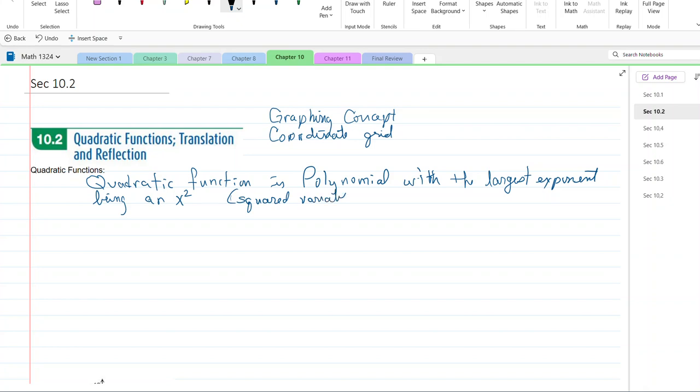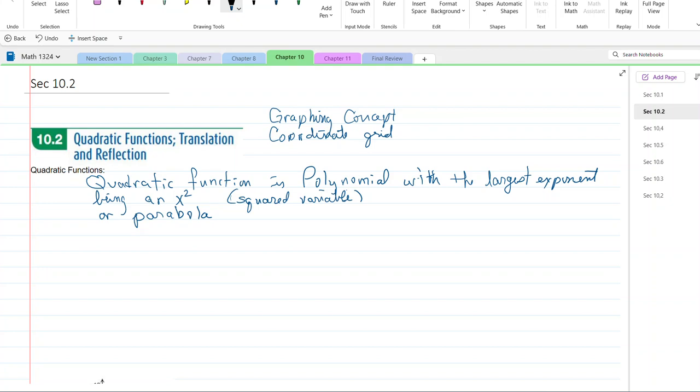So, what does it look like, right? Well, it's called either a quadratic, because it's a square unit, or a parabola. A parabola.